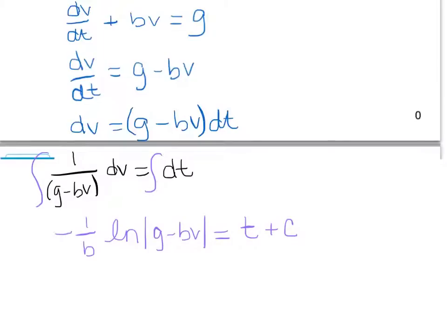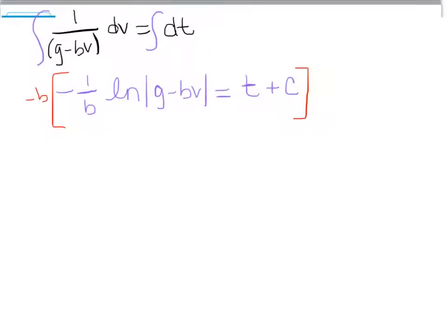Now, I want to clear out that fraction, negative 1 over b, so I'm going to multiply everything by negative b. When I do that, I end up with the natural log of the absolute value of g minus bv equal to negative bt minus bc.